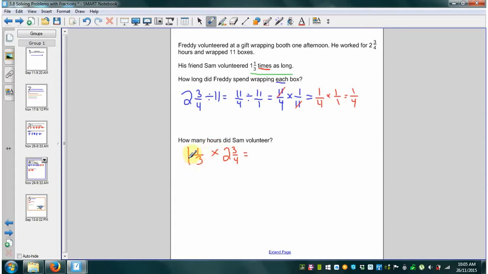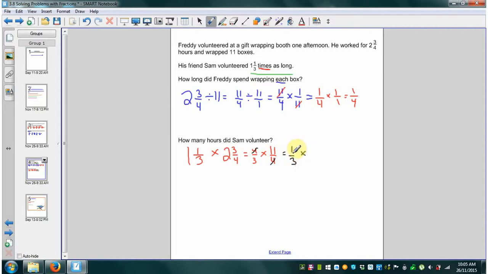3 times 1 is 3. 3 plus 1 is 4. Keep my denominator. Times by. Convert this one. 2 times 4 is 8. 8 plus 3 is 11. Over 4. We can simplify if we can. I'm looking here, I can simplify my corners. 4 divided by 4 is 1. Didn't do anything here, so we keep our denominator.